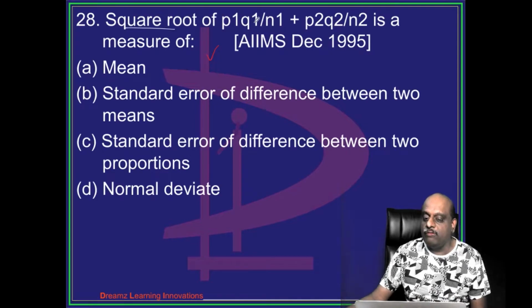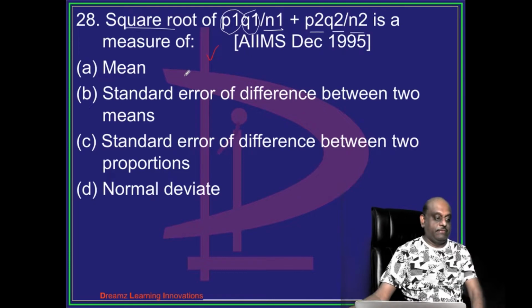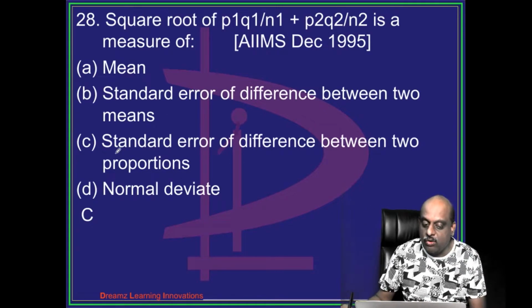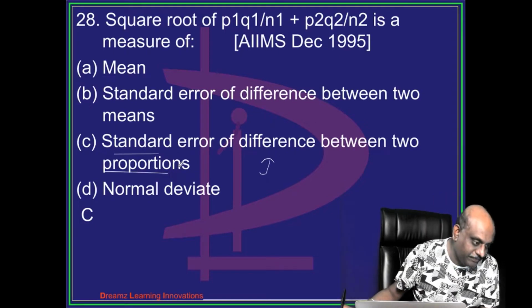Square root of P1 Q1 by N1 plus P2 Q2 by N2, what is it a measure of? So basically there is something called standard error of difference between two proportions.